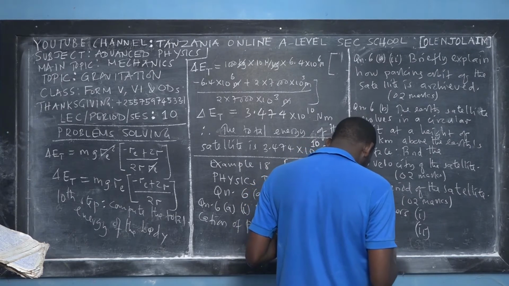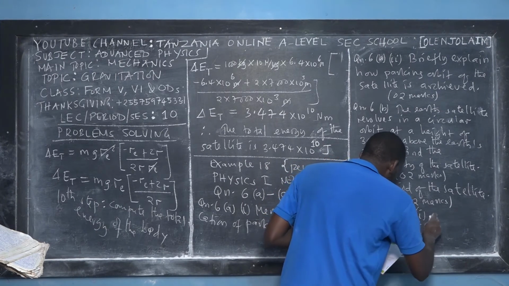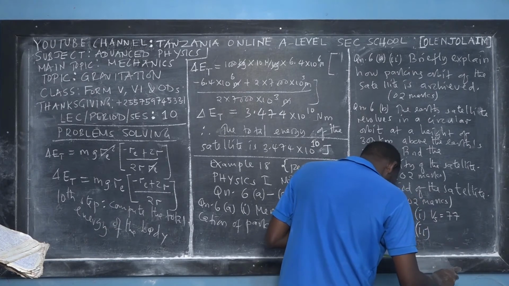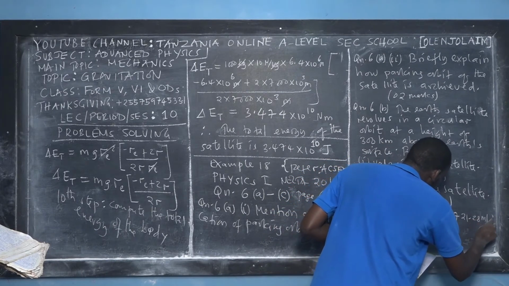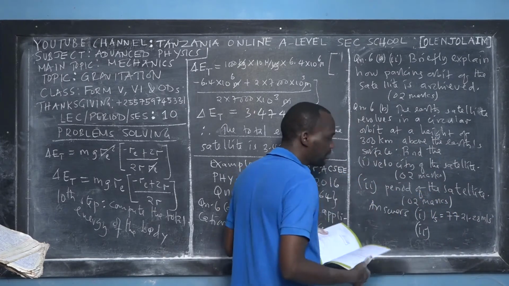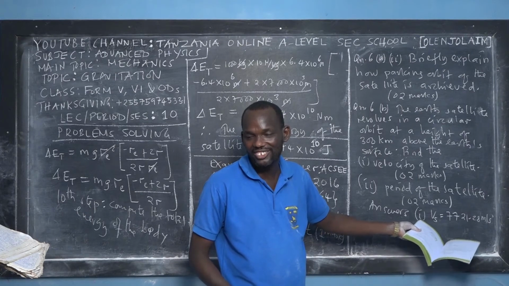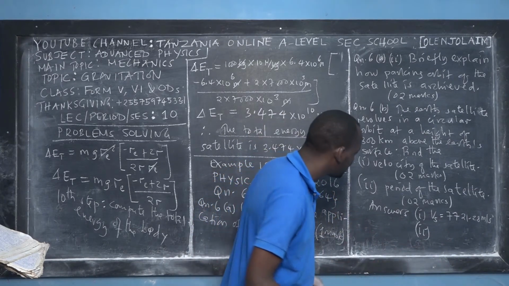For part 1, the orbital velocity will be 7,721.28 meters per second, which is almost 8,000. You remember that we found 8,000 meters per second, or 8 kilometers per second.